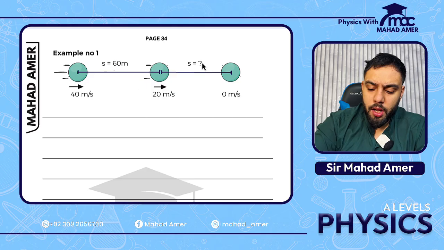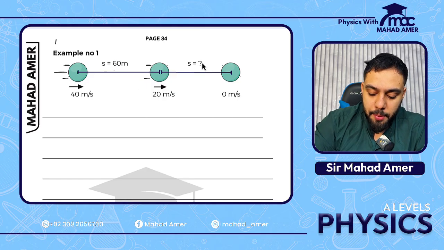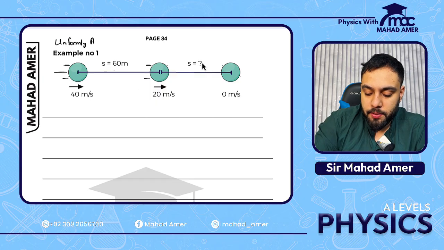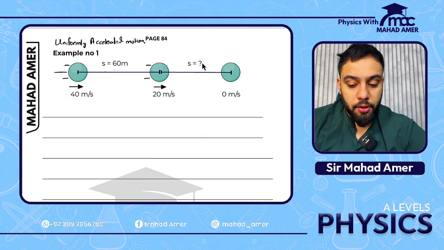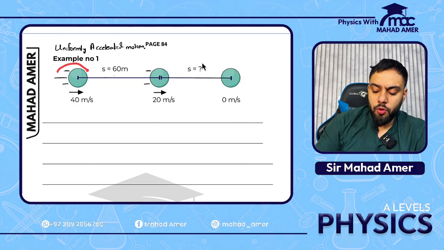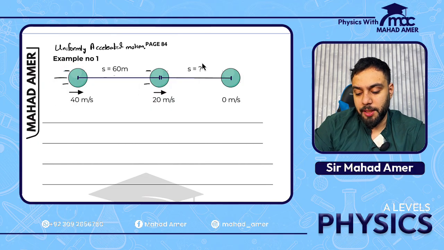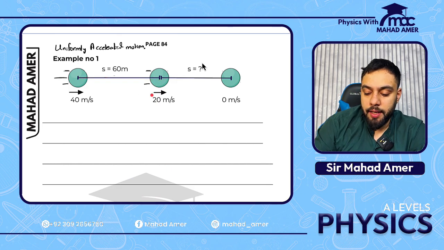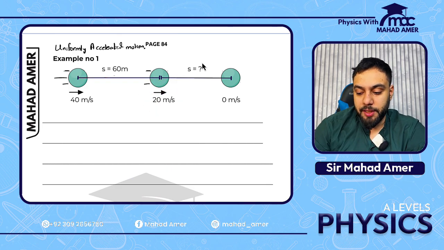Okay. First of all, you need to assume that all these examples are uniformly accelerated motion. A lot of the times this question comes up that you have given a situation in which, usually in the MCQs, the object is moving at 40 meters per second. They have given the displacement. Object is moving again at 20 meters per second, and they have given the final speed of the object.